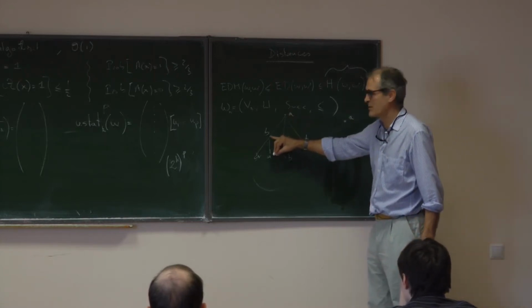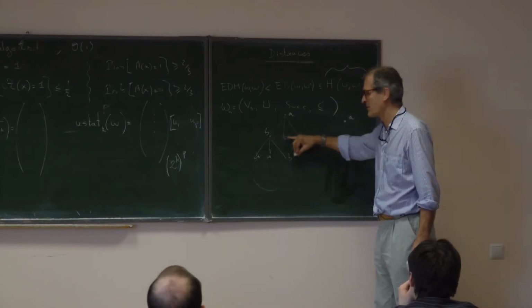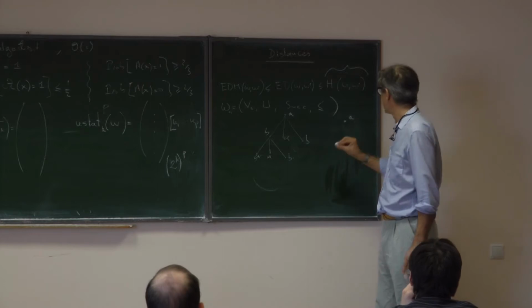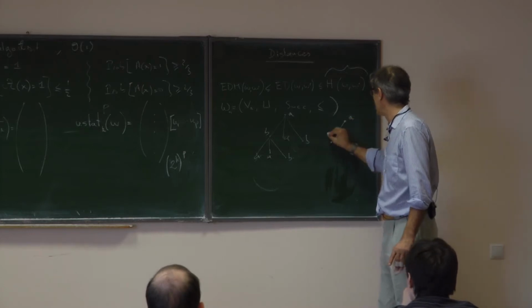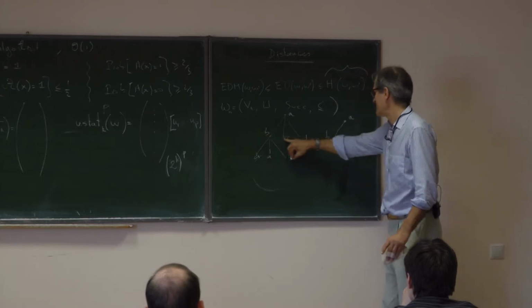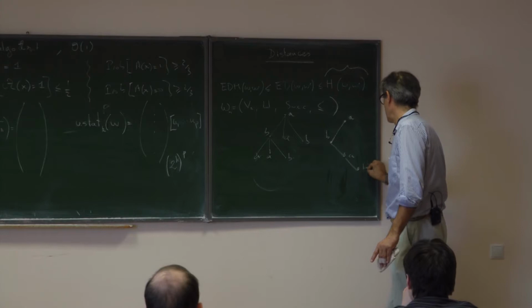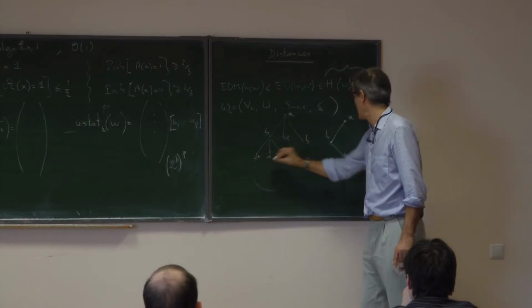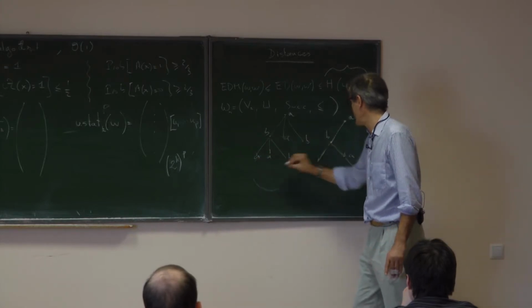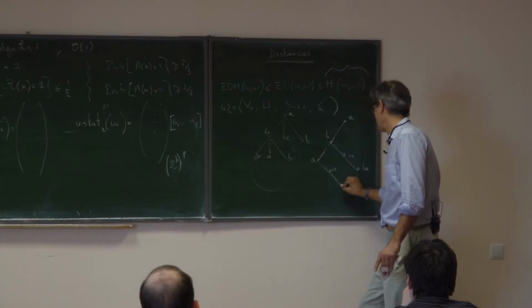Every time you go down, you go left, and every time you go horizontal, you go right. So for example, here I would go left, because on this B, and then this A and this B would be a right. Like this. Then I go left, this A is here, and then this A and this B is this.